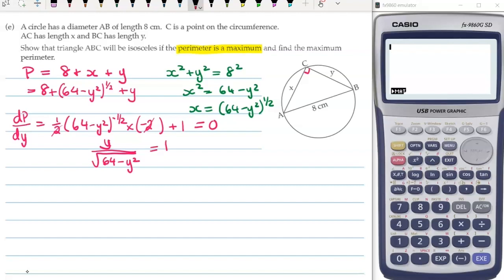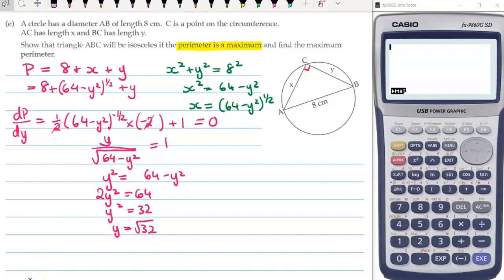Okay, so if I bring this up to the right-hand side, we now have y equals the square root of 64 minus y squared. So if I square both sides, we've got y squared equals 64 minus y squared. So 2y squared is 64. y squared is 32. So y is the square root of 32. And now we've got y, we can put it into this equation here.